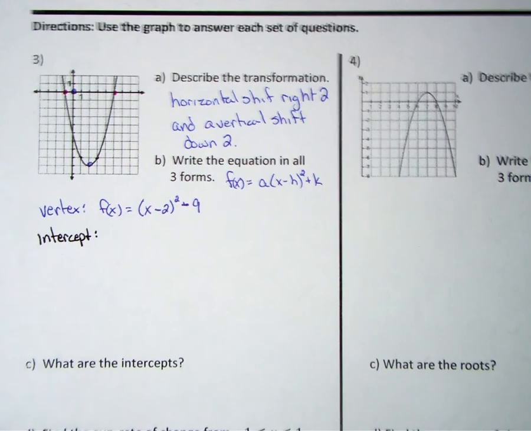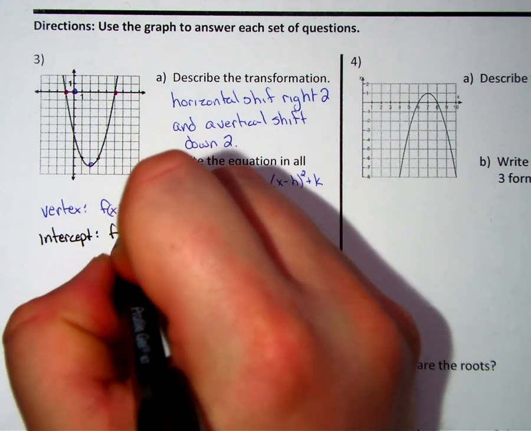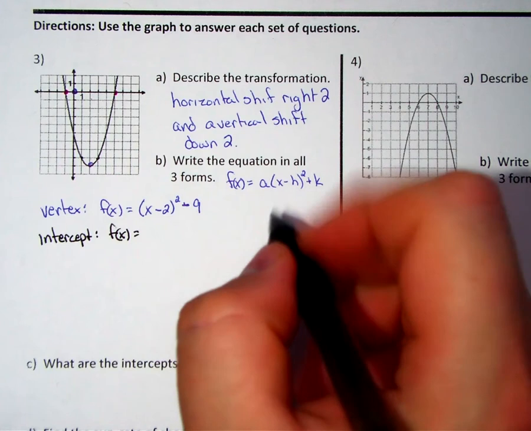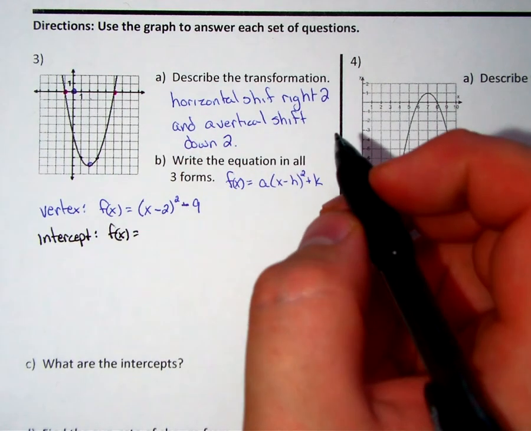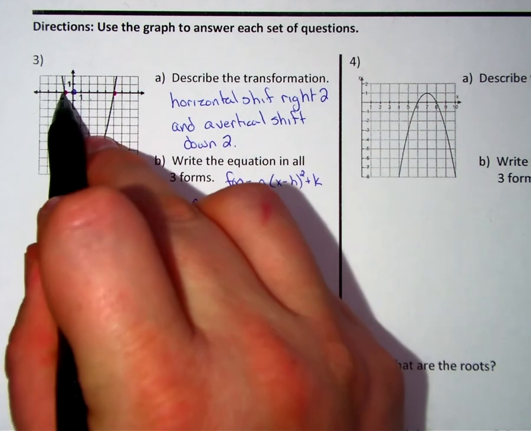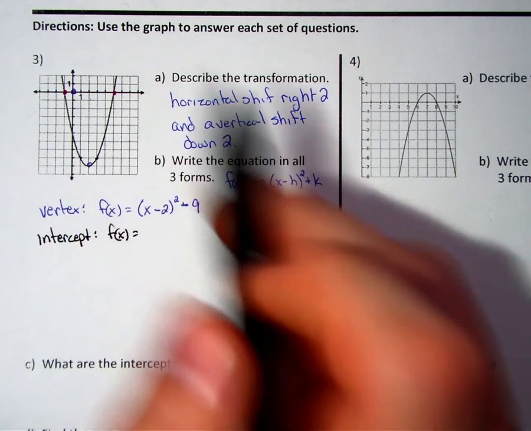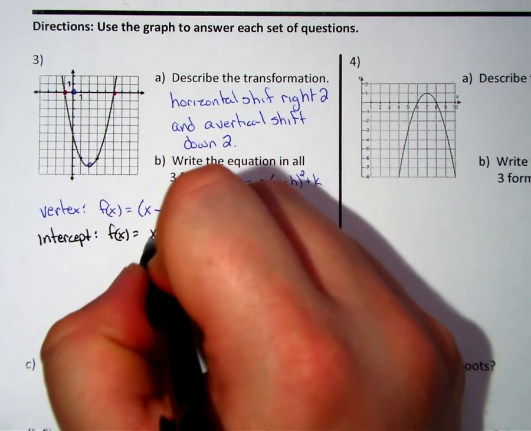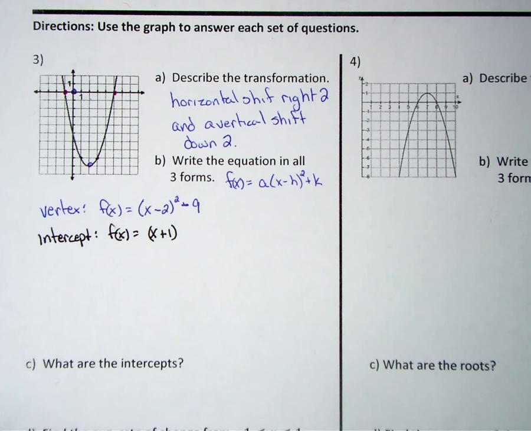Well, since it intersects at nice, pretty points, we can go ahead and say f of x is equal to, and again, these are going to be opposite values of the x value. So since it intersects at x of negative 1, x plus 1 is what we need for intercept form.